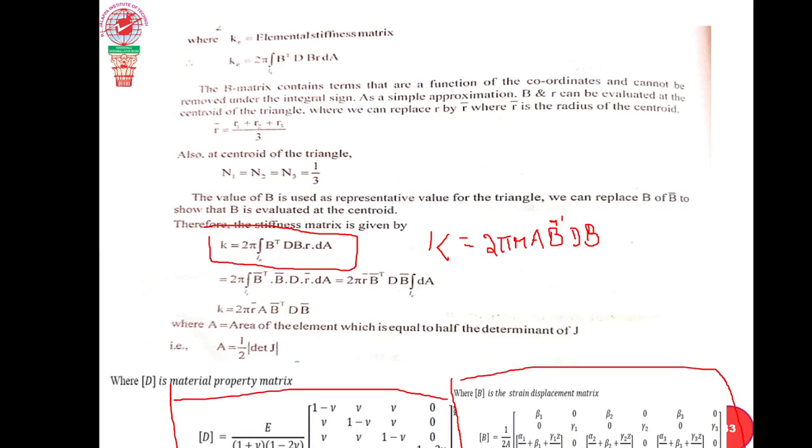That is not V. Please keep this in mind. This is nu, or you can write mu. That is Poisson's ratio. This is called nu, now don't write it like a V. This is called nu, this is called mu. Keep the difference. That is called Poisson's ratio.